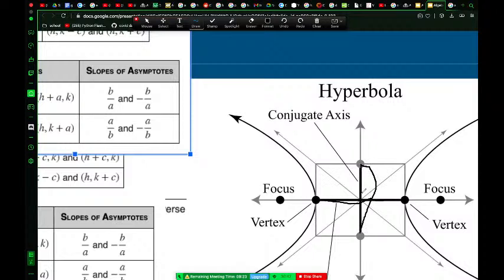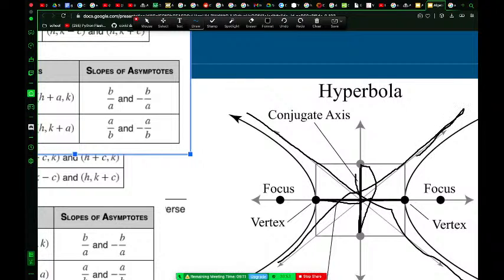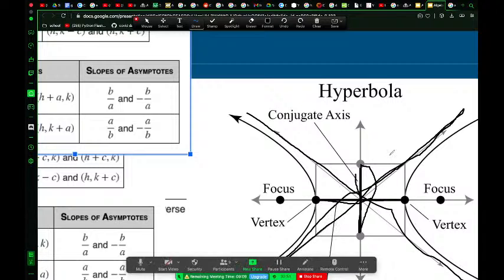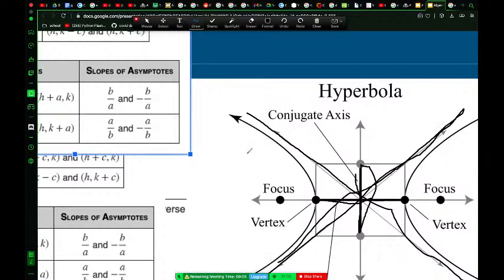This is the other line, and these two lines right here are the asymptotes. This one is an asymptote, and this is also another asymptote. It just gets closer and closer to this line, but it never actually reaches it. So they're asking you the slope of that? Yeah, they're asking you the slope of that.